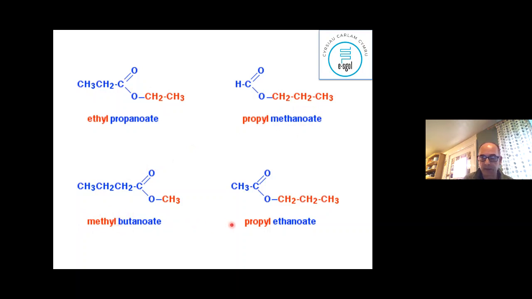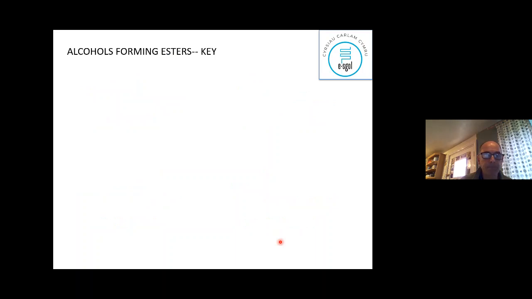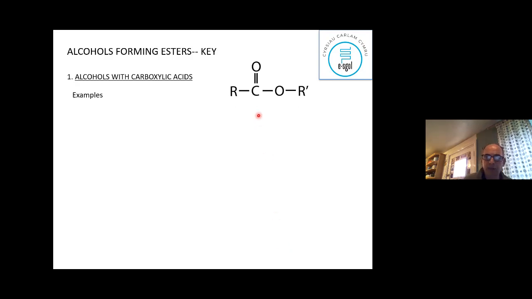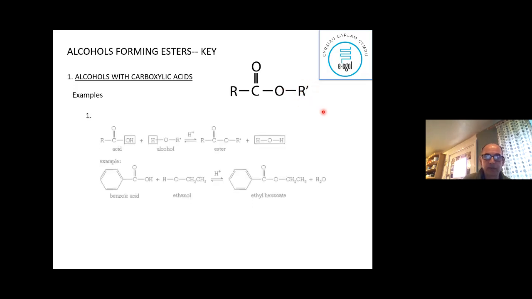Butanoic acid, propanol, ethanoic acid. So esters have a distinct sweet, fruity smell. So in an ester, we have this C double bond O, then C-O, and then the alkyl group formed at the end.